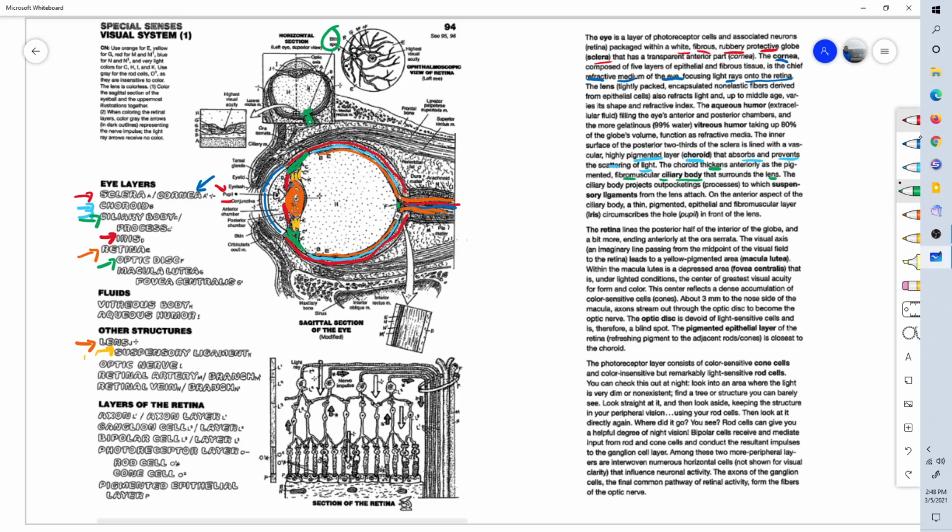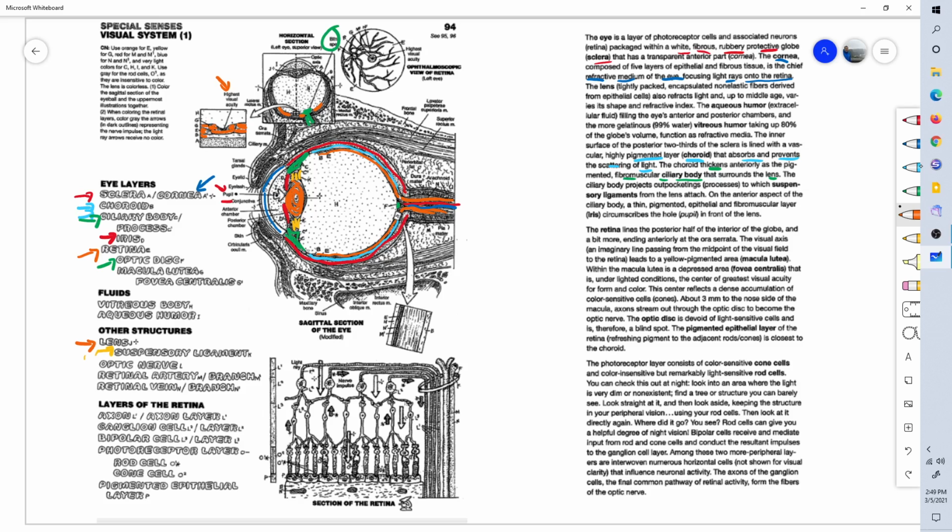The macula lutea. Here's the retina right here. The macula lutea is an extra sensitive area, the area of highest visual acuity, because it has the most rods and cones.